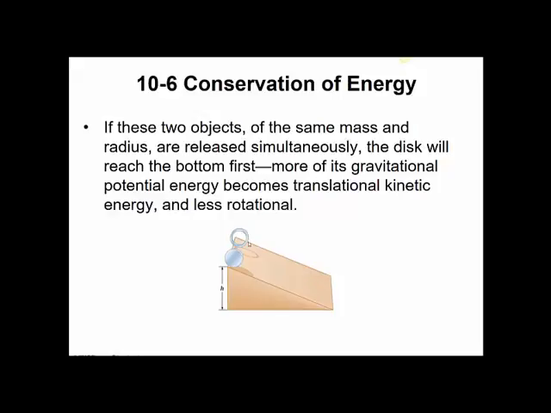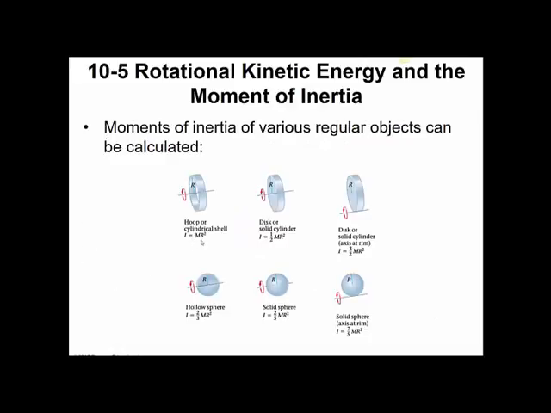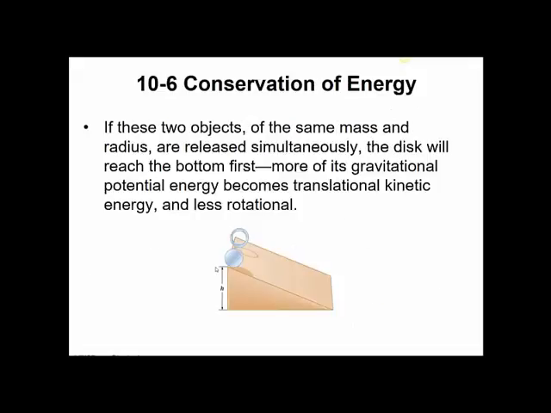The problem is, let's go back and look, this has a rotational inertia of mr squared, and this is half of mr squared. Counterintuitively, this guy has more rotational inertia. So what's going to happen is that since it has more rotational inertia, this guy is going to be going faster at the bottom than that guy.